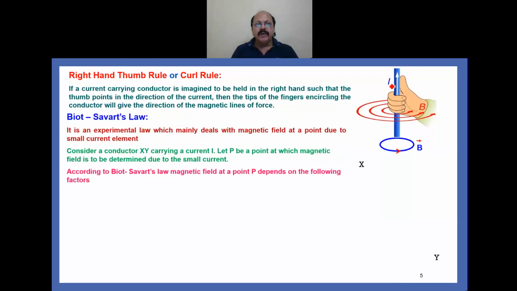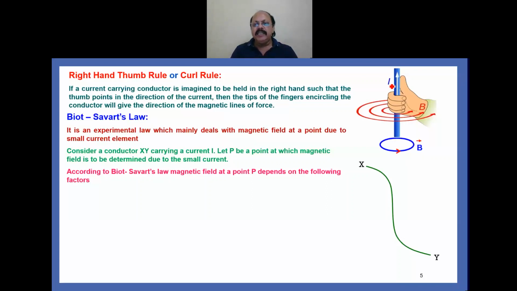Now Biot-Savart's law. Biot-Savart's law is an experimental law which mainly deals with the magnetic field at a point due to a small current element. So understand what a current element is. Say we take a conductor XY, and this conductor is divided into small lengths, and this small length is known as the length element.